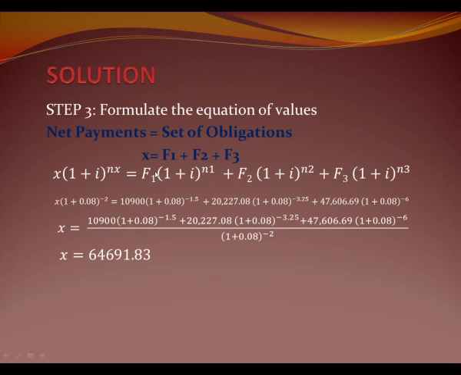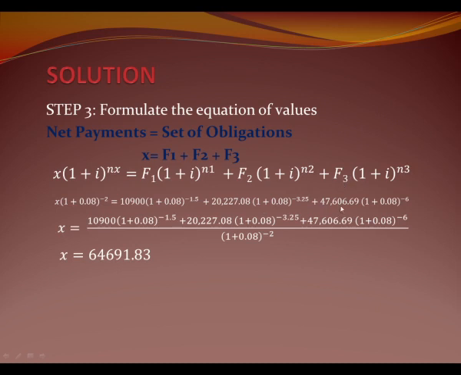And this will be equal to, for obligation F1 is 10,900 from step number 1, and to be multiplied by another 1.08 raised to negative 1.5 as the N of F1 using the common date at point of origin, plus F2, which is 20,227.08 from step number 1 also, to be multiplied by 1.08 raised to negative 3.25 for N2.